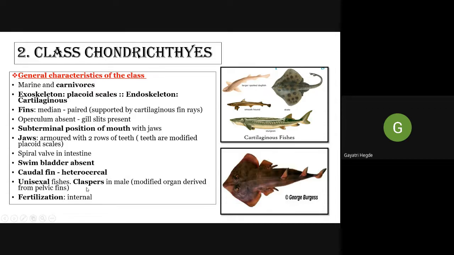Okay, it may have different organs which are involved in reproduction. So you have to mention that, and also mention what type of fertilization is seen. Okay, in this case, it is internal fertilization. Also, do not forget this point that swim bladder is absent. Okay, it belongs to Gnathostomata. You can also write general characteristics of the division. Now in division Gnathostomata, gnatho means jaws. So you can write it over here also.